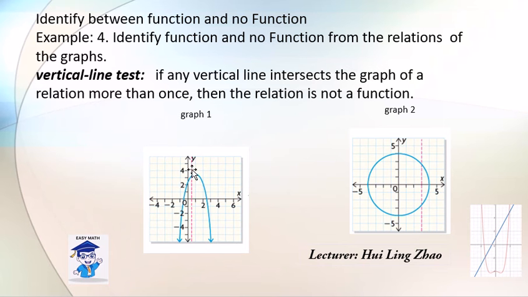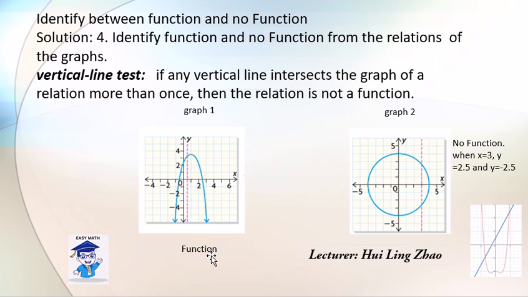We drop the line at x equals 0.5, and there's only one intersection. But for the circle, we draw a line at x equals 3, and there are 2 intersection points, so it is not a function. The first one is a function, the second one is not.